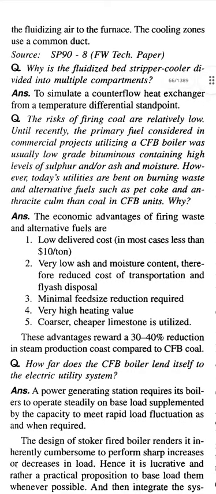The next question: the risks of firing coal are relatively low. Until recently, the primary fuel considered in commercial projects utilizing CFB boilers was usually low-grade bituminous coal containing high levels of sulfur, ash and moisture.